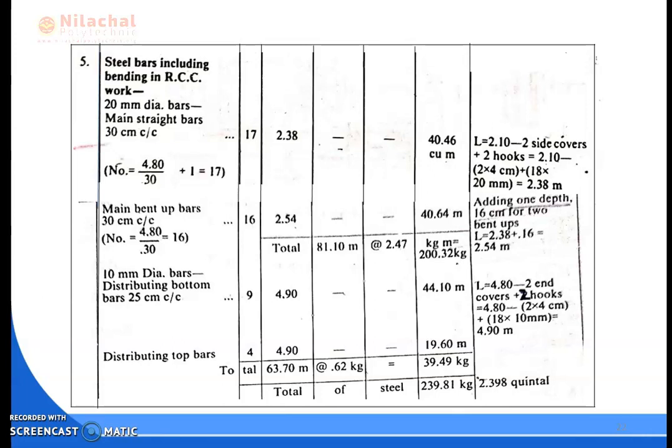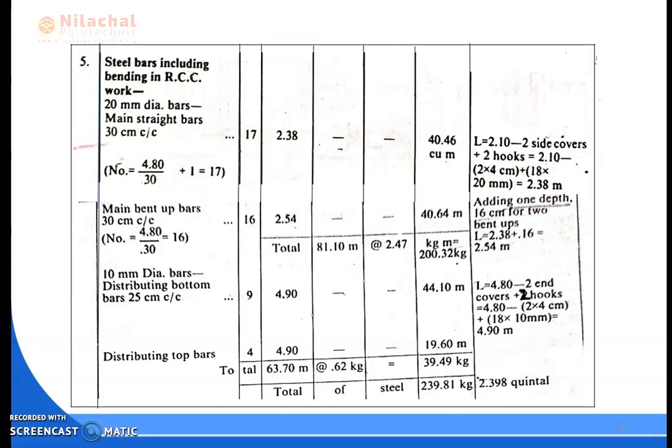After that, we go to the calculation of the number of bars. How can we calculate the number of bars? In case of the main bar, the number of bars is calculated by the formula. Write down: number of bars is equal to length of the slab divided by center to center distance of bar. Then it is divided into two types.